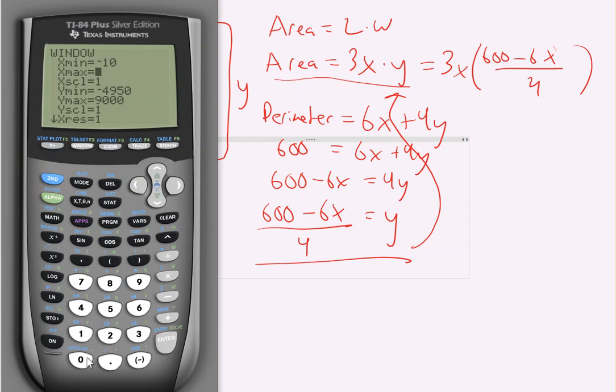Oh, because I made this 5 instead of 50. But for that matter, I know that the length's not going to be negative, so let's go ahead and change that too. Okay, getting closer. Go up a little bit more. Go up a little bit higher.